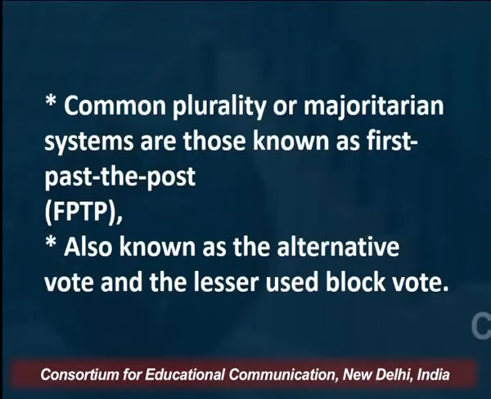Single member districts, that is first past the post, the alternative vote or the two-round system, or multi-member districts may be used in such a system. Common plurality or majoritarian systems are known as first past the post, the alternative vote, and the lesser used block vote.